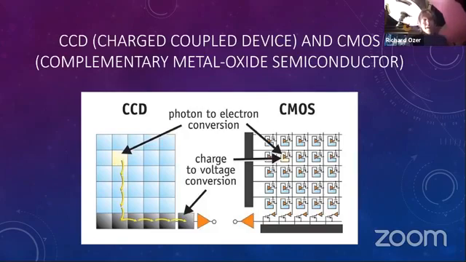So the game then becomes how to get that information off of the chip and into a file that can then be processed by your software and eventually printed out or displayed on Facebook or wherever you like to display your photos. So the CCD shunts all of that information off to the side and then converts it to a digital image.